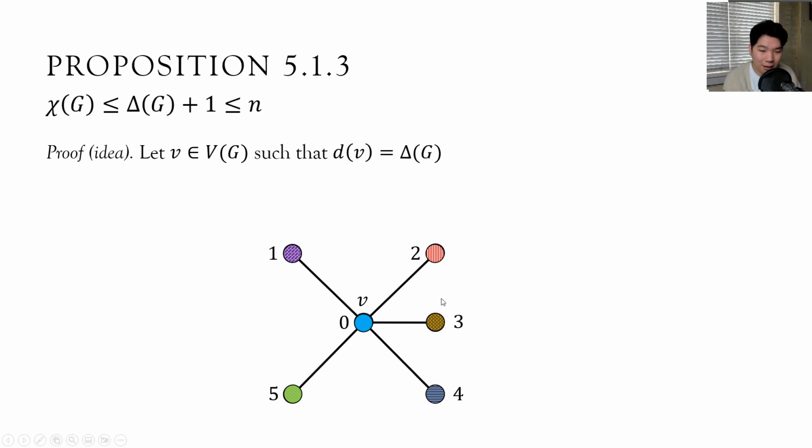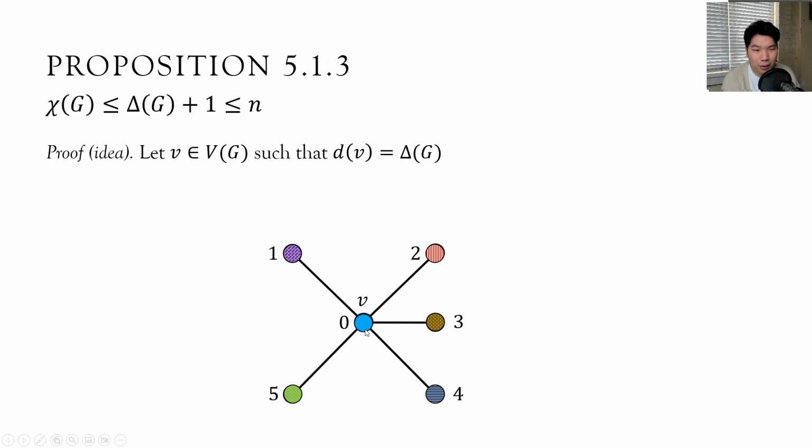And notice how many colors I used. In this case, if my maximum degree is 5, I have 5 plus 1 colors being used to form a proper coloring of this subgraph. So I use delta of G plus 1 colors.